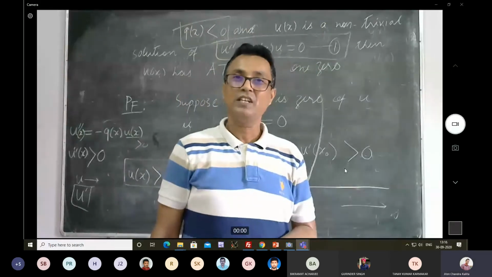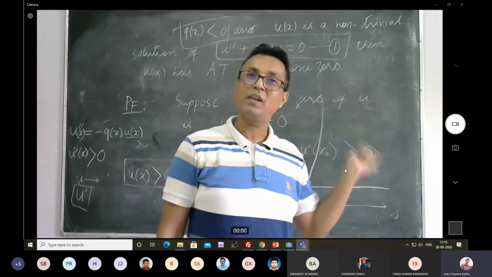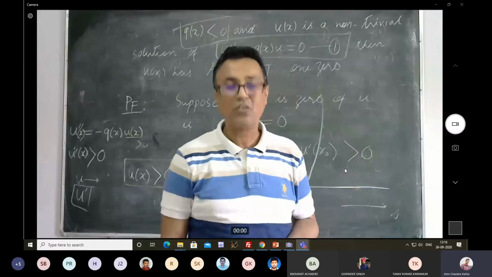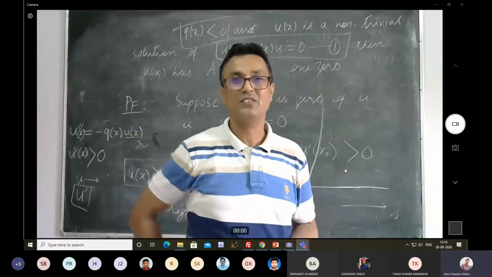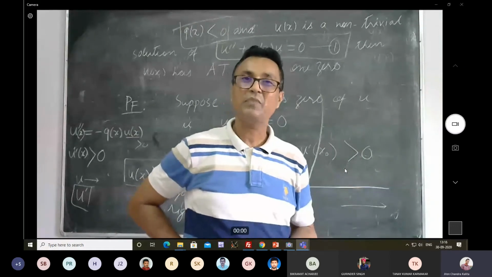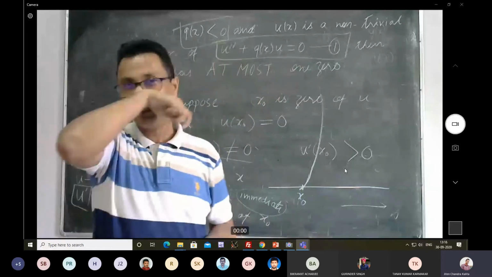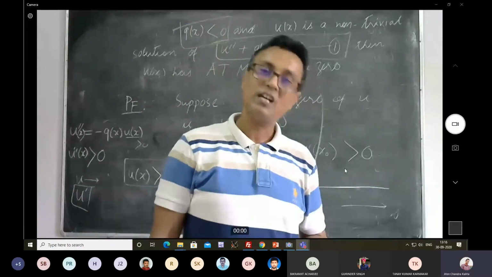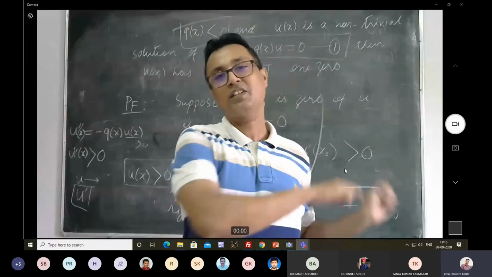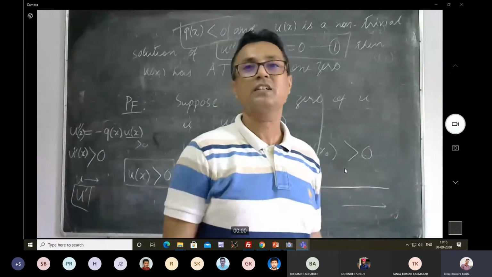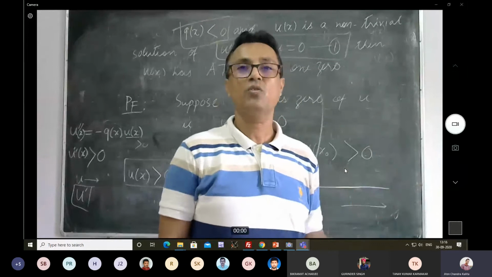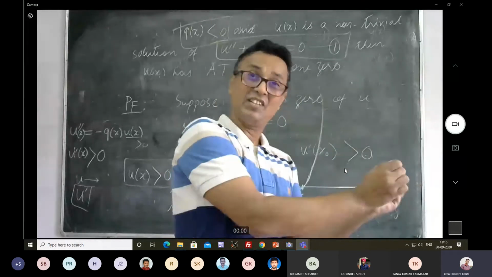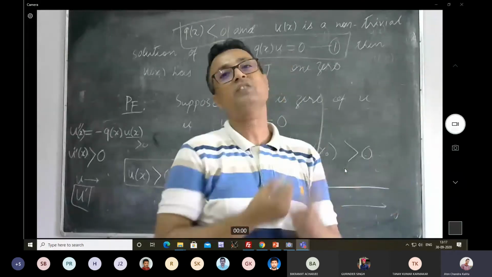If it goes up like this, it is not going to cross the x-axis, so it cannot have any 0 toward the right side of x naught. Similarly, by the same argument, we can prove that it cannot have more 0s towards the left hand side of x naught. So that completes the proof.